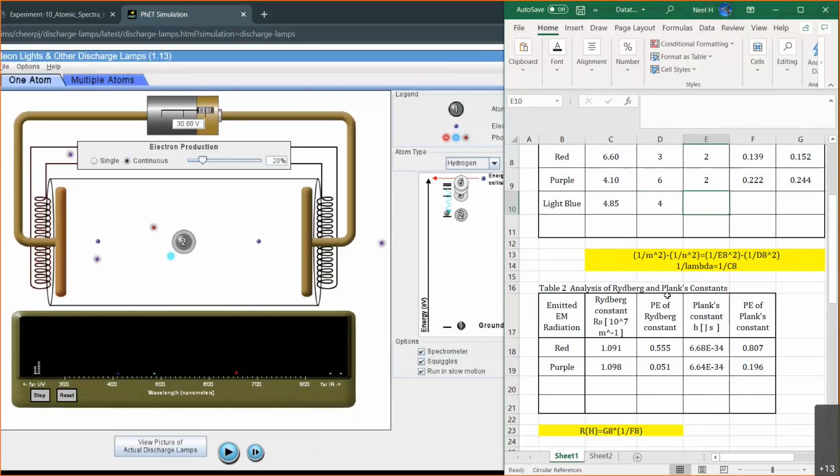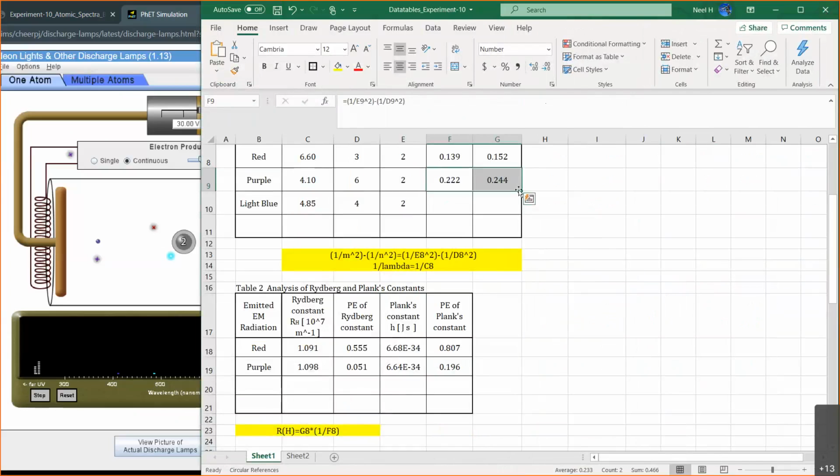Is it 4 to 2? Good. If that is correct, then I should see a very nice number for my table number 2. If those two numbers are incorrect, then I see a large error here, right? So light blue, that's totally fine. I mean, it's a trial and error method.